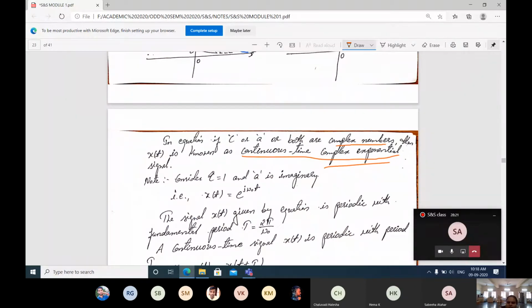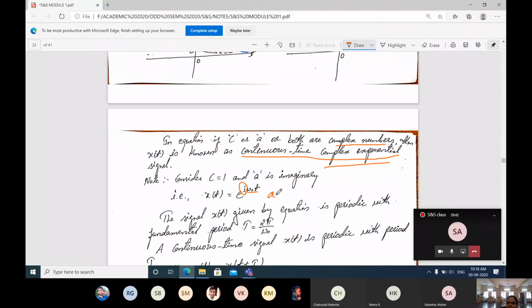First consider the amplitude value c as 1 and a as imaginary. A is imaginary means we are going to take our j term here. Imaginary is j, in terms of frequency, so it is j omega naught into t.